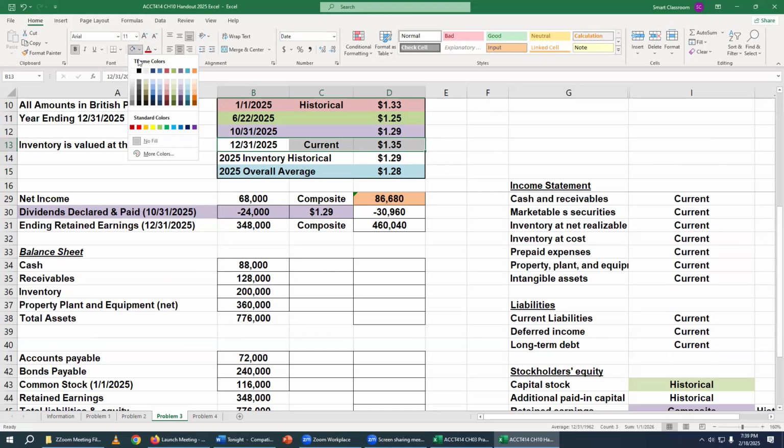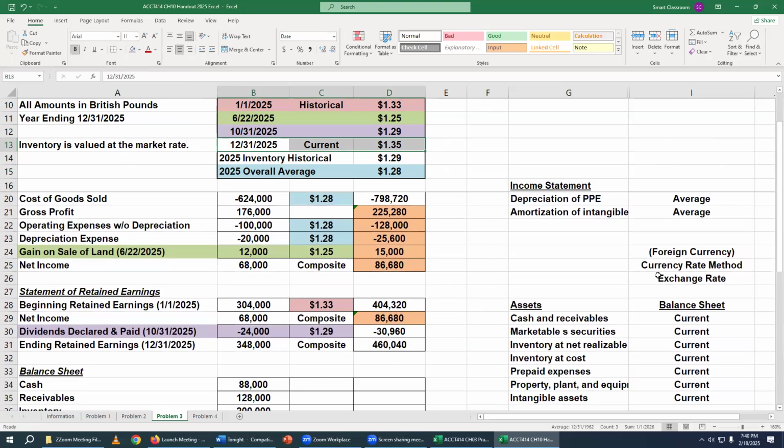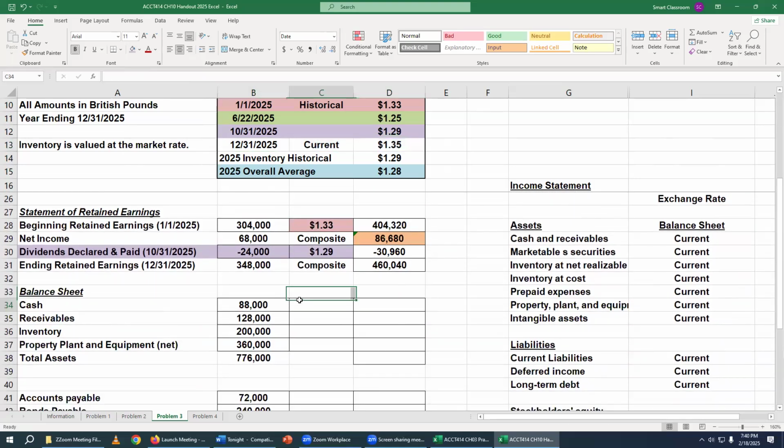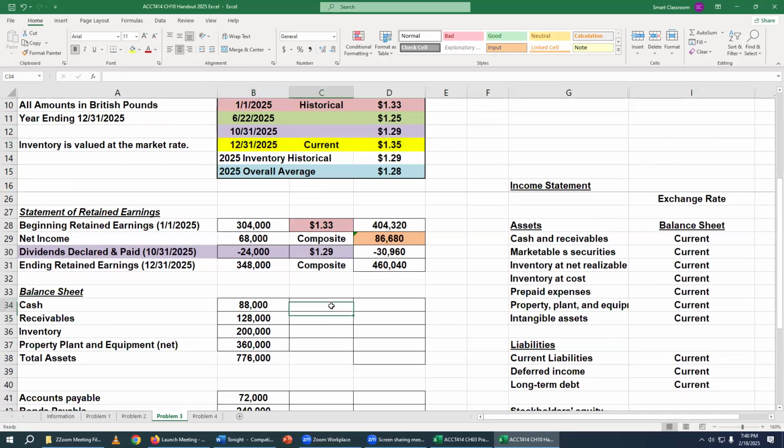We did use green. I don't know. Let's see. Current. I gotta choose a color here. I know, yellow. Just use plain old yellow. How about that? That's a good color.